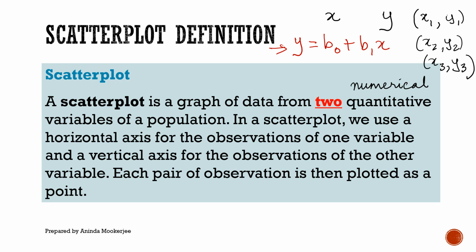So what we do is, in a scatter plot, we have a y-axis where we are going to represent our y values, and then the horizontal axis will represent the x values, and each of these ordered pairs will be represented as points.